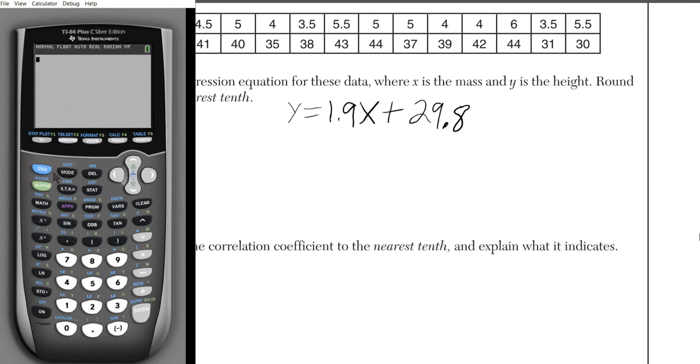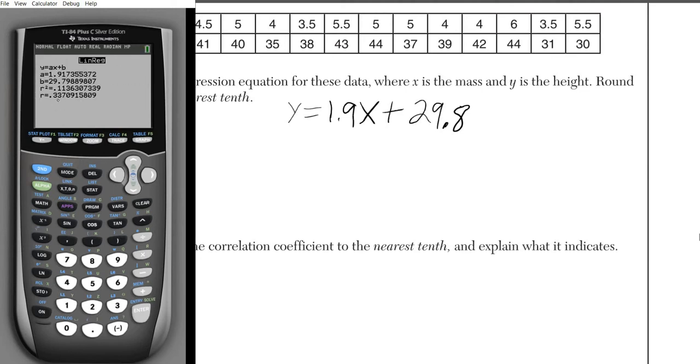If you can't find something, you can use the catalog, and to skip to the letter you want, in this case D for diagnostics, press alpha D, then look for diagnostic on, enter, and you can turn it on that way. One way or another, turn it on, and now it will give you the R. It will not give you the R, the correlation coefficient, unless you have diagnostics on.